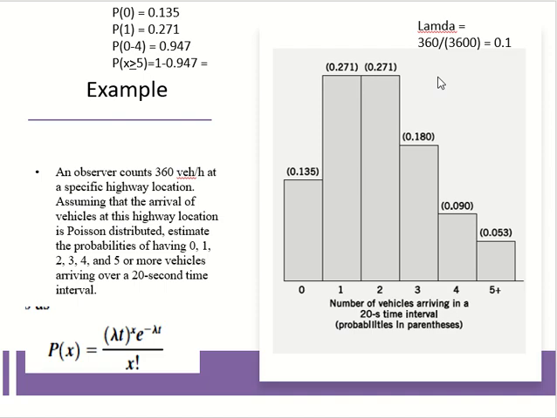We calculated the probability from 0 up to 4, and then subtracted it from 1. The probability of 0 to 4 is 0.947, and whatever is remaining is more than 4, so 5 or more. Here we will do the same thing.